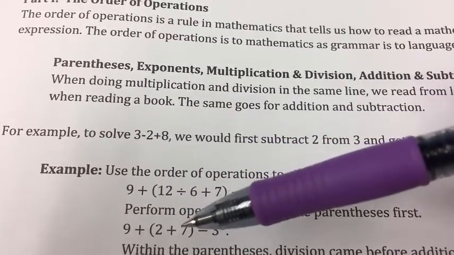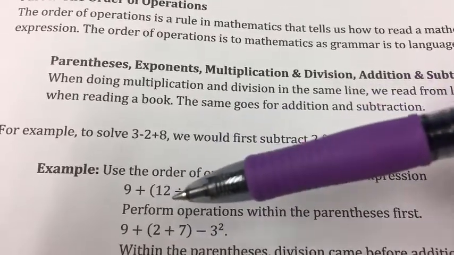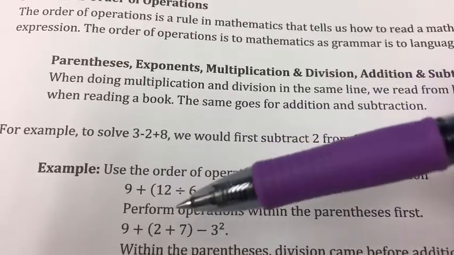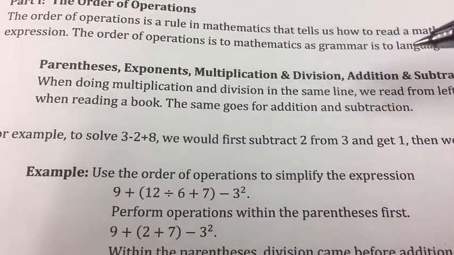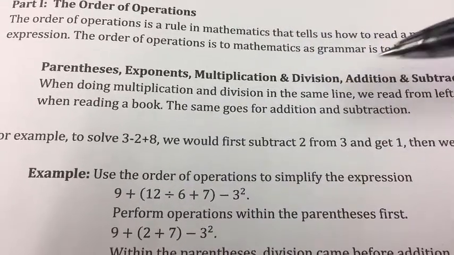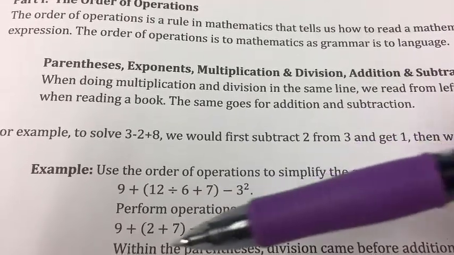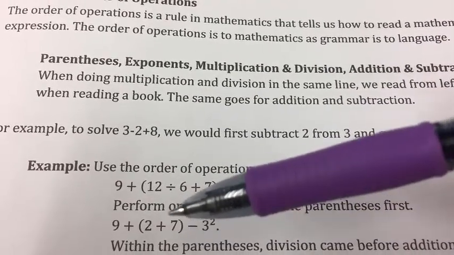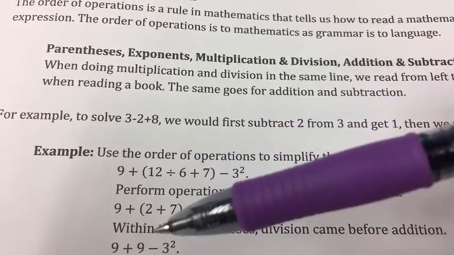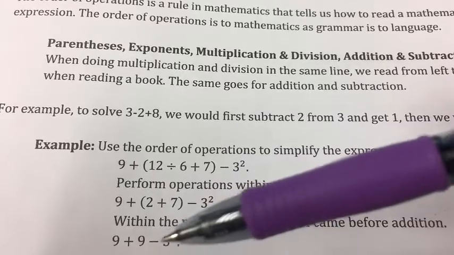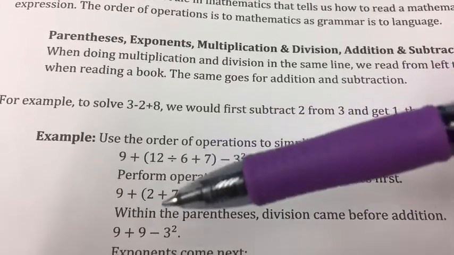That's where this comes from. Notice the 9 comes down. 12 divided by 6 will be the 2 because we're doing the division before the addition. And then we bring down the 7. Then we'll go ahead and work that. So we'll have 7 plus 2. And notice that'll be your 9. And then we now have to work this part.